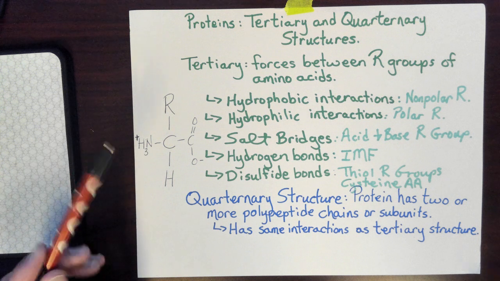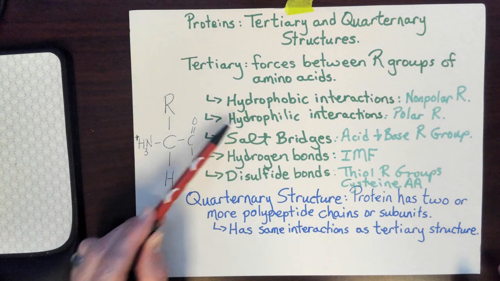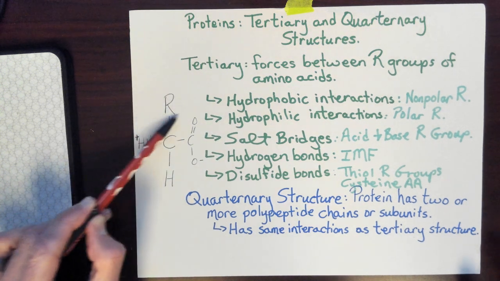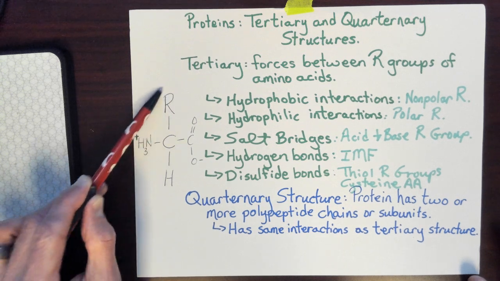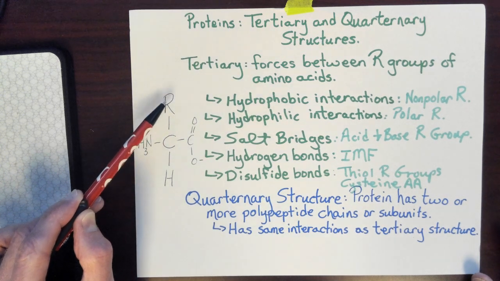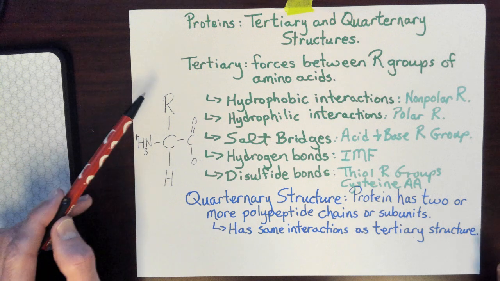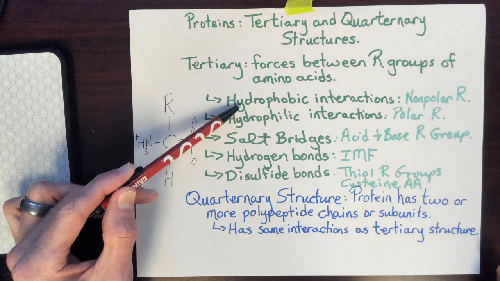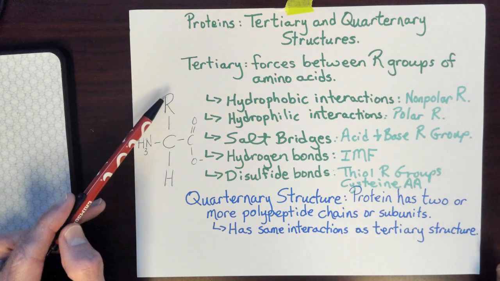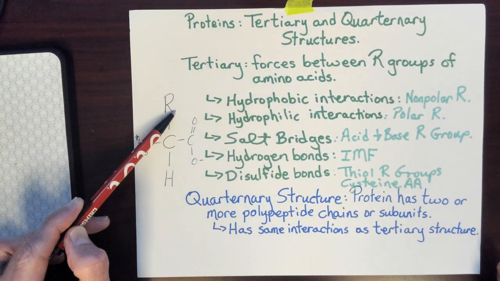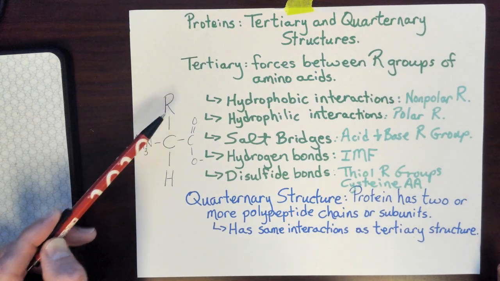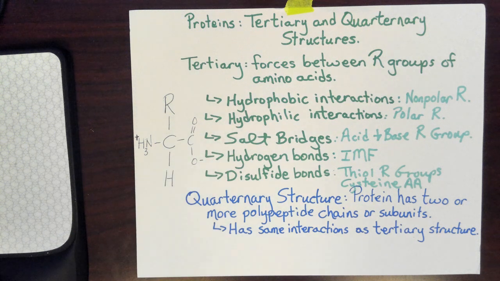on these amino acids. So the hydrophilic interactions are when the amino acids in the chain have polar R groups that will interact. Okay. Hydrophobic is when the R groups here are non-polar interacting. Okay. Salt bridges come into play with acid-base R groups.